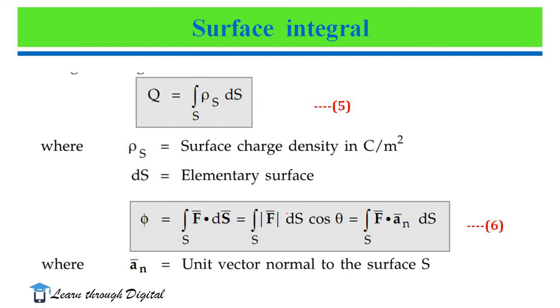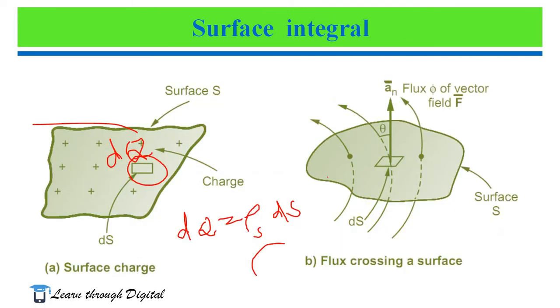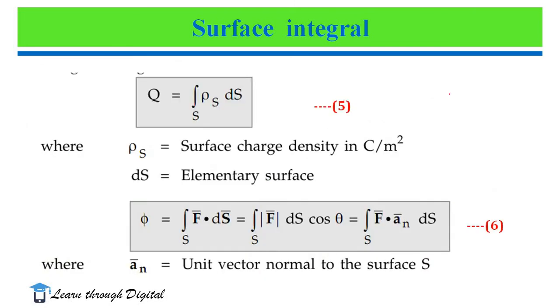Similarly, from this we can calculate the total flux crossing the surface. This figure illustrates the flux crossing a surface. We first consider the differential surface ds. We calculate the flux crossing that surface S with the help of the surface integral.